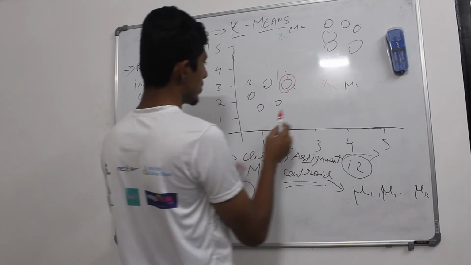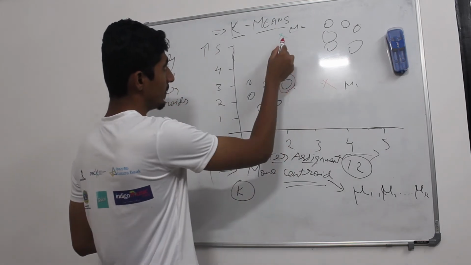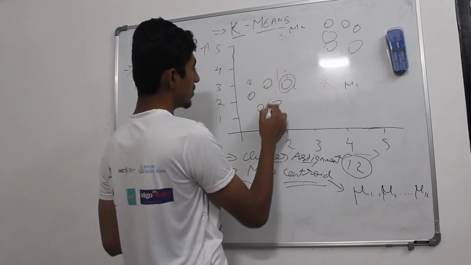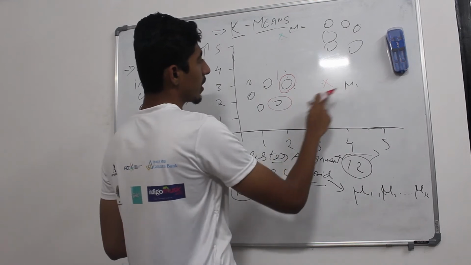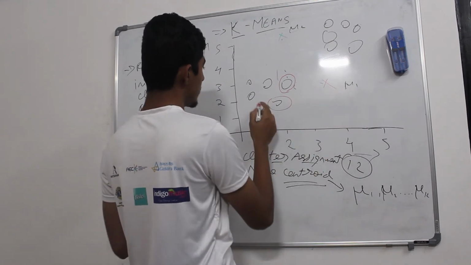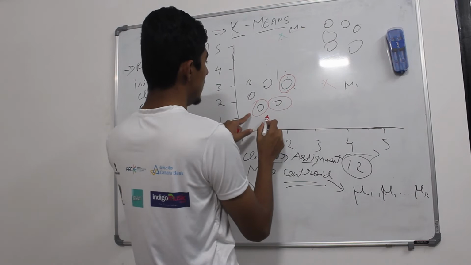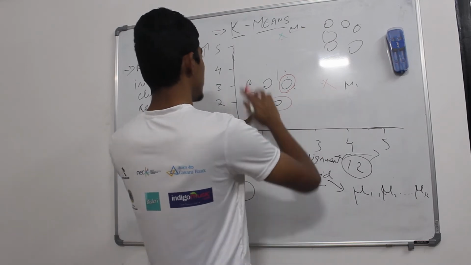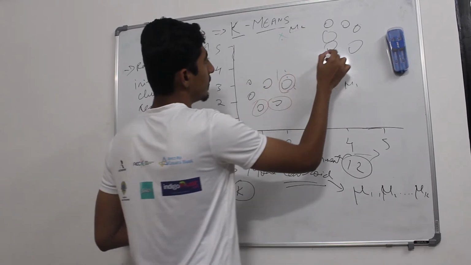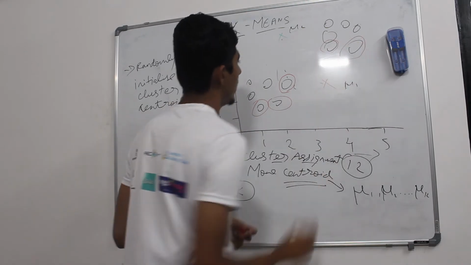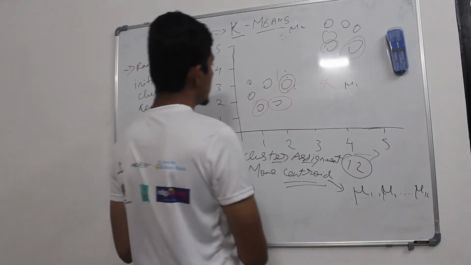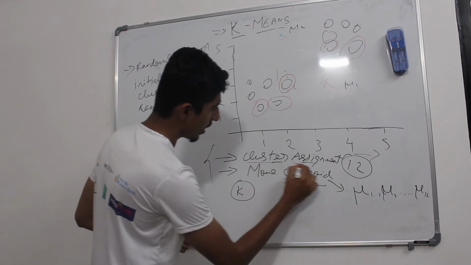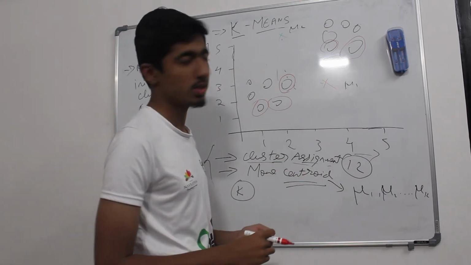This is also closer to mu1 than to mu2, so this will also belong to centroid mu1. This will also belong to mu1 because it is closer to centroid mu1 than to centroid mu2. And then this one as well and this one as well. So this is the first step that we are done with, the cluster assignment step.